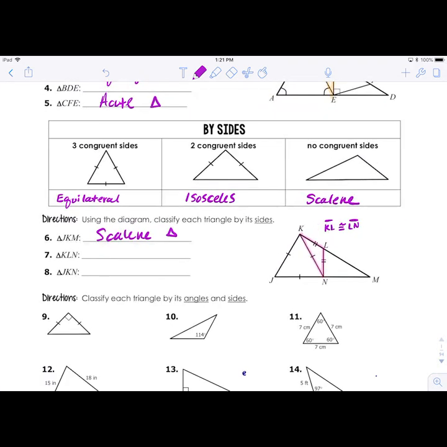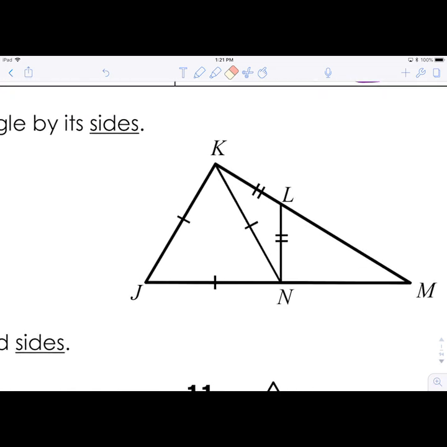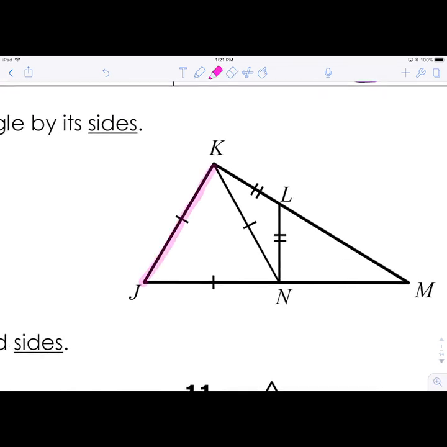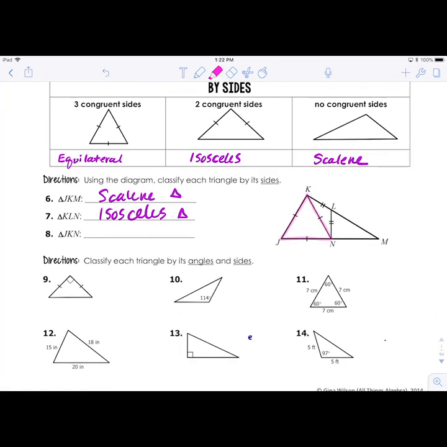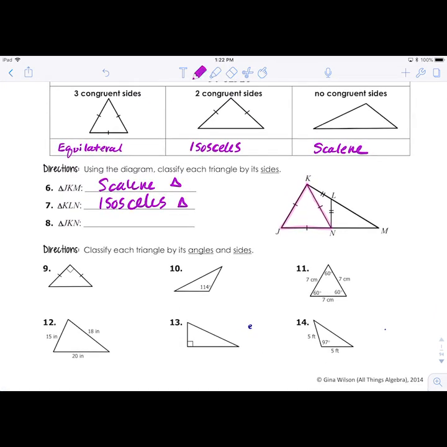So this is an isosceles triangle. All right. And then we're going to have triangle JKN. If you look, all three sides of that triangle have one tick mark, so they're all congruent to one another. That is an equilateral triangle.